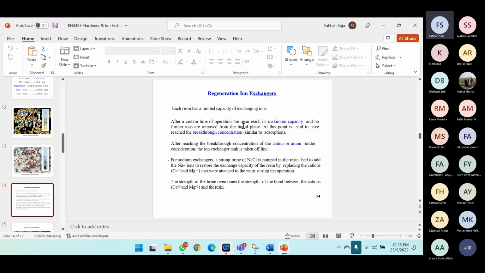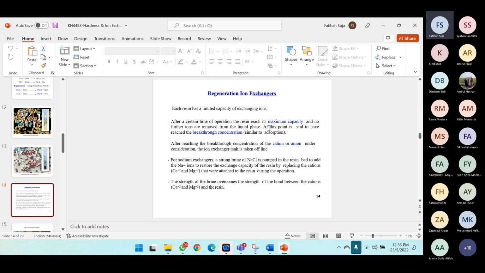After a certain time of operation, the resin reaches its maximum capacity, meaning that all the surface area is covered by calcium or magnesium ions, and no further ions are removed from the liquid phase. At this point, it's said to have reached the breakthrough concentration, similar to adsorption.